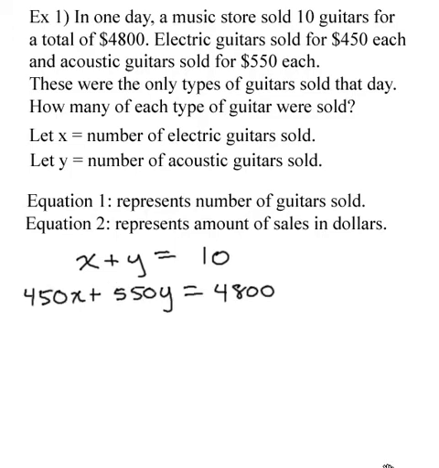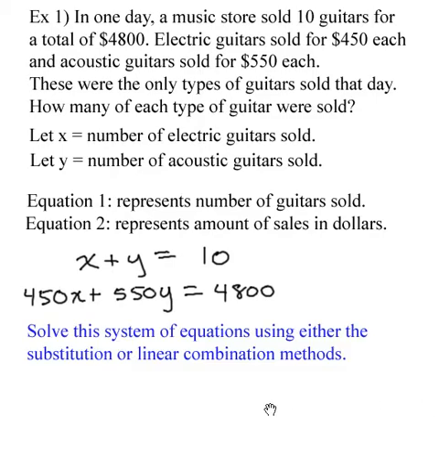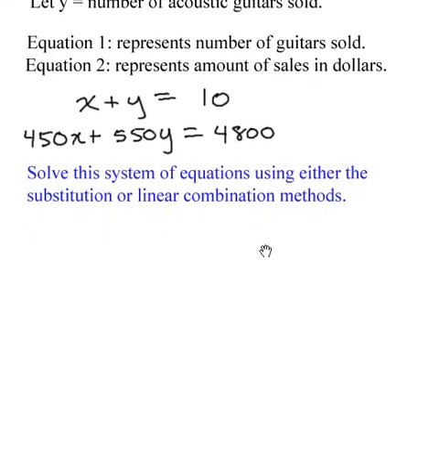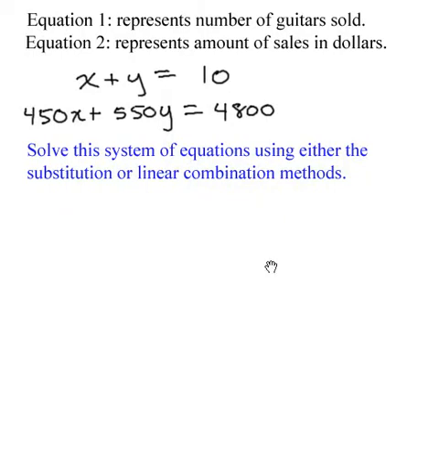And then for the total dollar amount, we know that there's $450, which is how much each electric guitar cost, times the number of electric guitars sold, plus $550, which is the price of one acoustic guitar, times how many acoustic guitars were sold, brought in a total of $4,800 in sales. So our task at this point is we're going to take those two equations and we need to solve them using one of the methods we have learned previously.